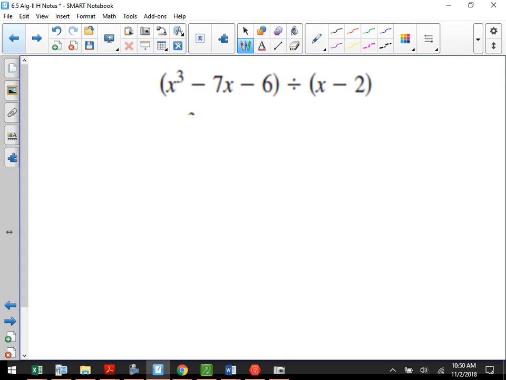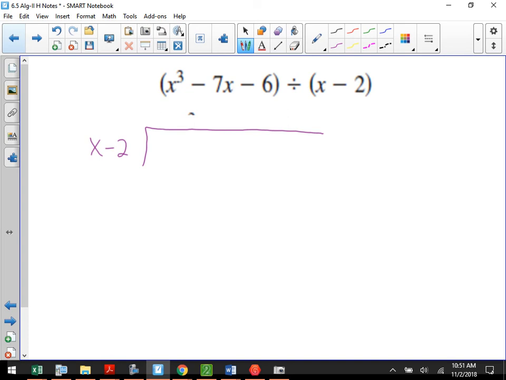Now, one thing that I want you to do before you write anything down is know that textbooks always write things horizontally, and I want us to use the long division. They still write it the same way. So what I want you to do is put what's out in front of the symbol first, and then look at the degree of the polynomial you're trying to divide into. What's the degree of it? 3.